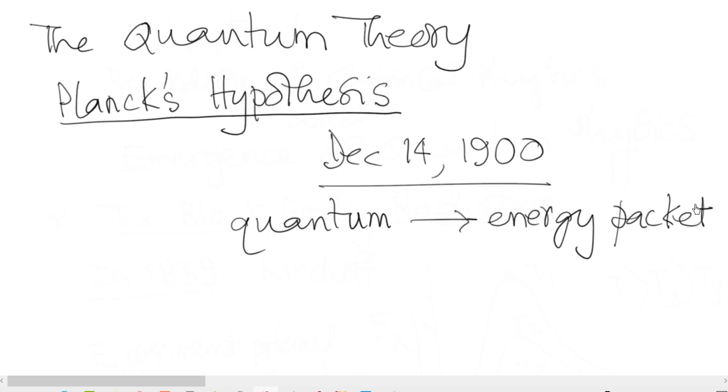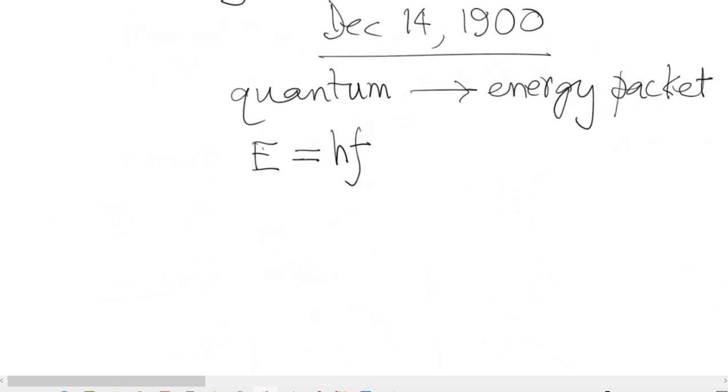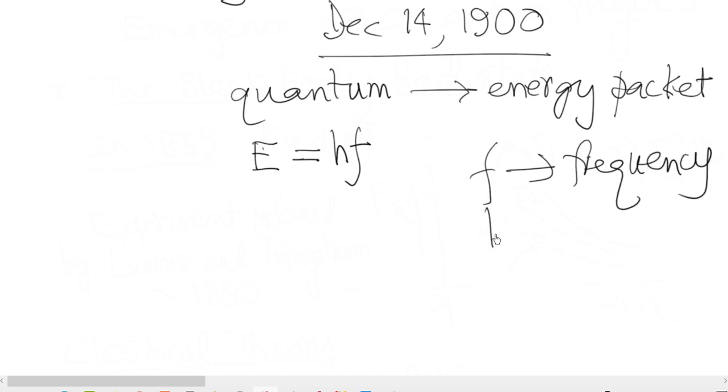The energy of a quantum of radiation is given by E equal to hf, where f is the frequency and h is a constant. It is known as Planck's constant.